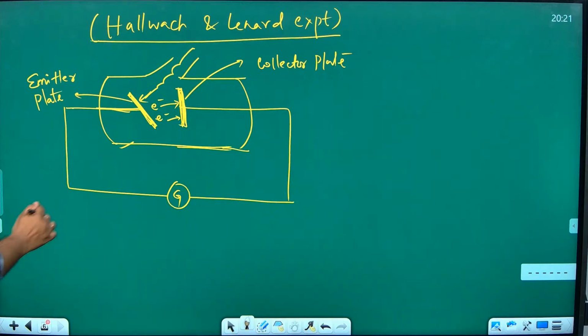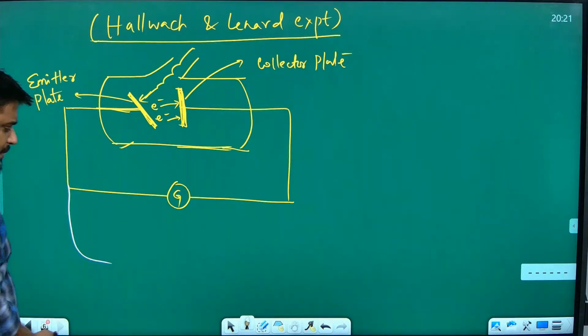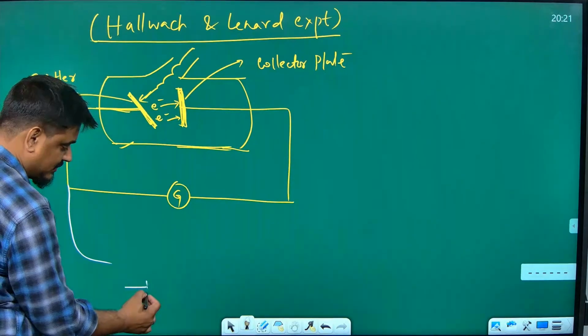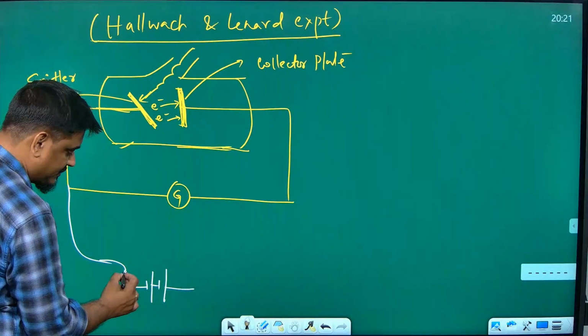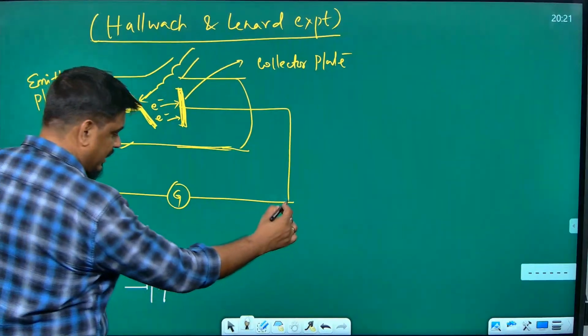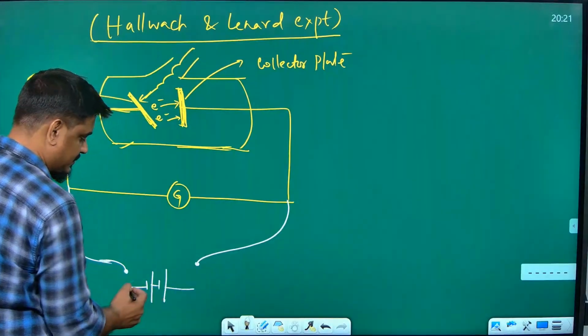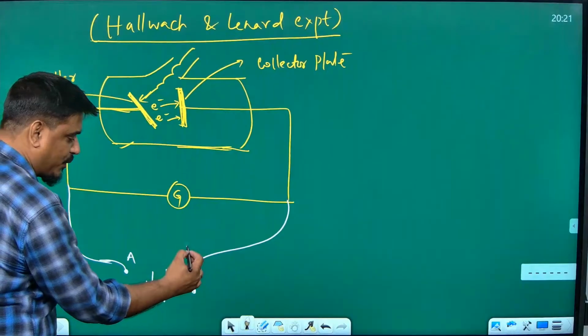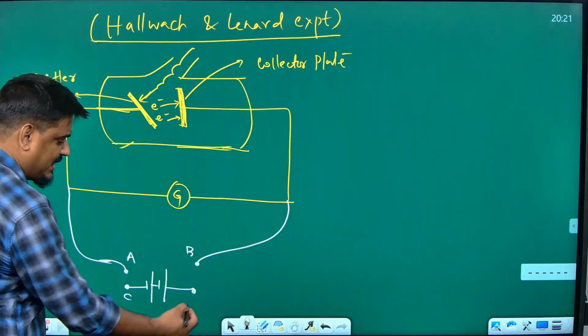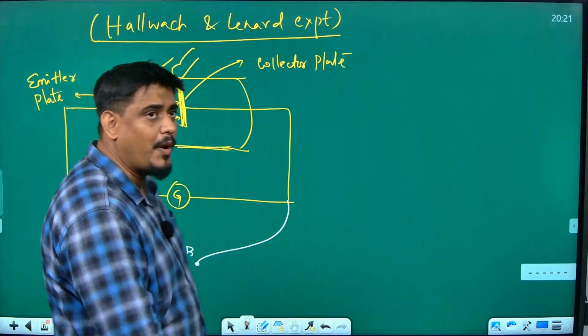How do I do that? Very simple. If I make a setup like this, with one jockey here and another jockey here, now you can see I have point A, point B, point C, and point D.